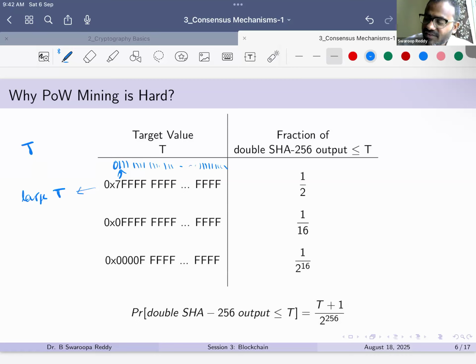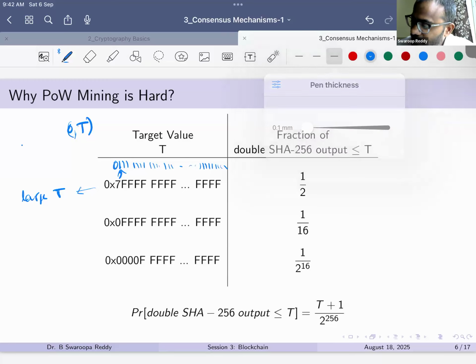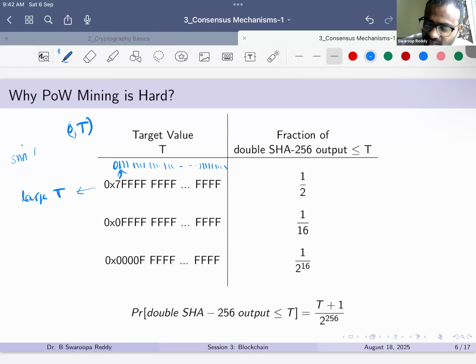So you have a range from 0 to T, and T is very large. You need to solve a problem, for example, the double hash SHA of something, and you get some x value.